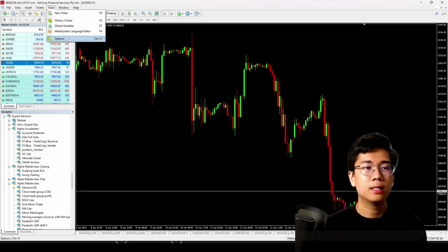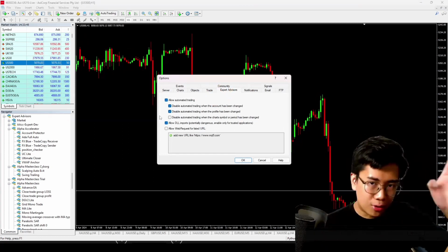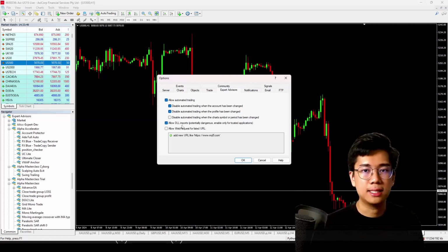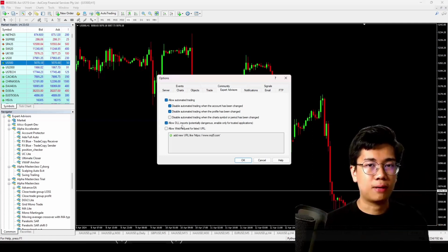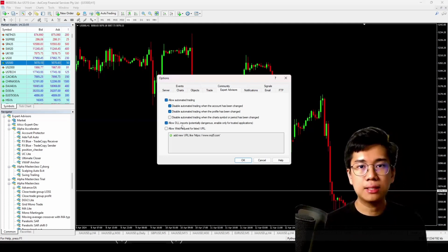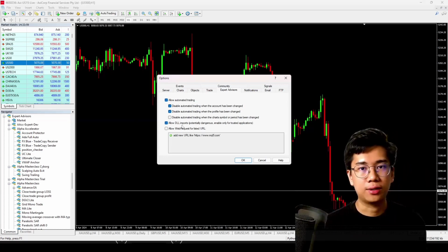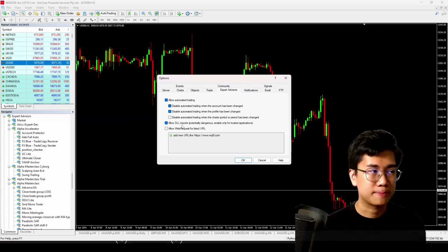And then you go to Expert Advisor and tick all the same things as what I'm ticking here, right? The most important thing is this Allow DLL. This is the process of setting up your platform to enable robot trading. Without these features, you are unable to do robot trading at all. So make sure that you have done this the first time you get started with robot trading.